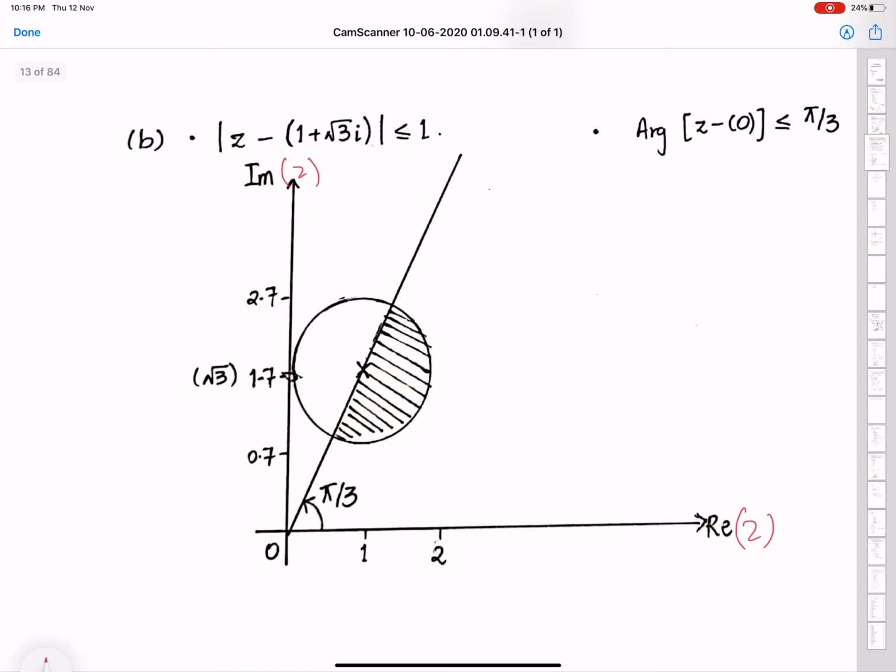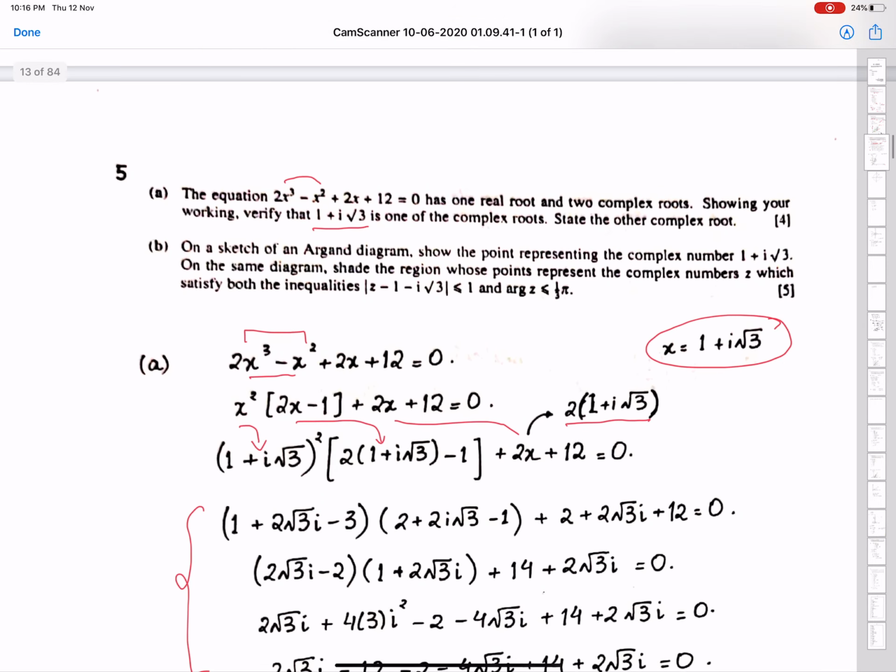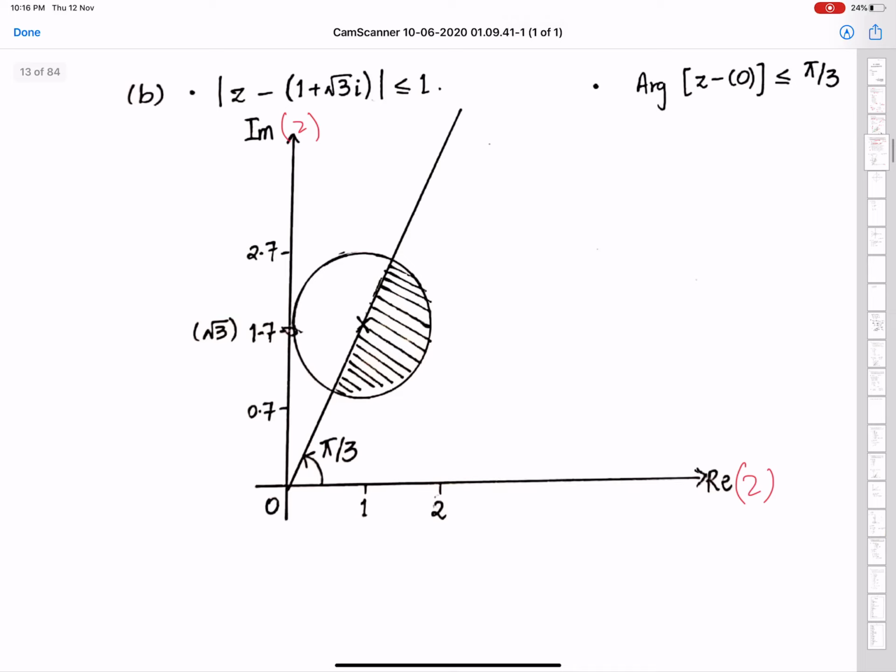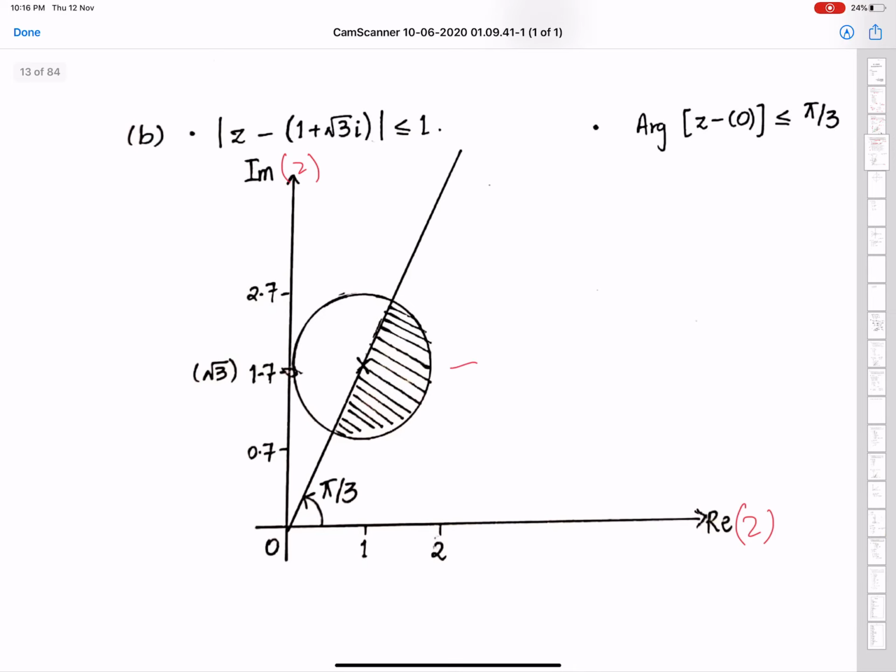Now the next part of this question is the inequality of a circle, and this is the argument of z less than pi by 3. So here is the circle with center at 1 plus root 3i. Root 3 is approximately 1.7 and the argument is pi by 3. So the argument of the center is in fact pi by 3 as well.